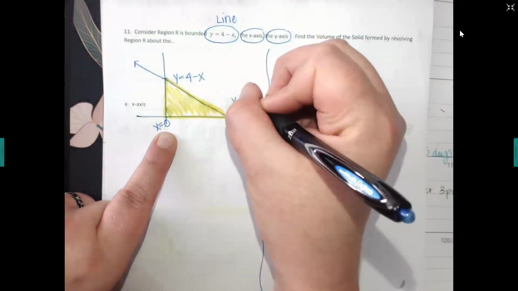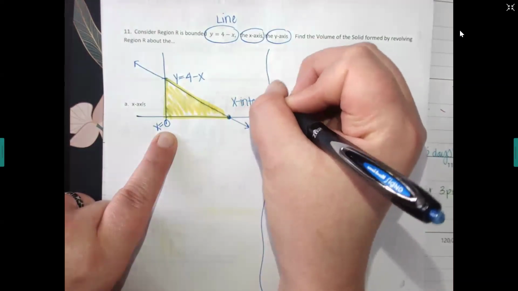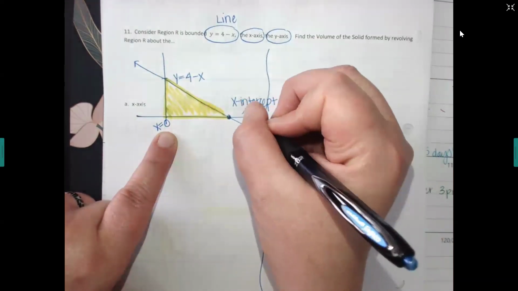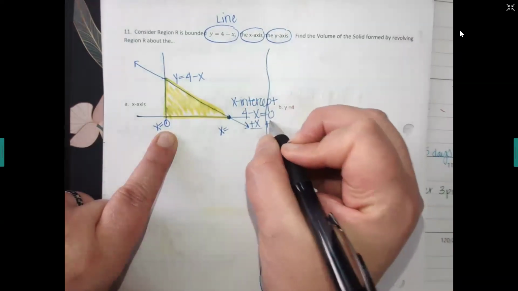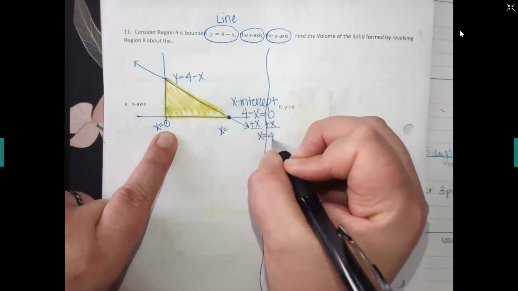So remember, if you need to find an x-intercept, you just take the equation and set it equal to 0. So I would take my 4 minus x and let it equal 0. That would be really easy to solve. Just add your x across, what does it equal? So plus x means x equals 4.